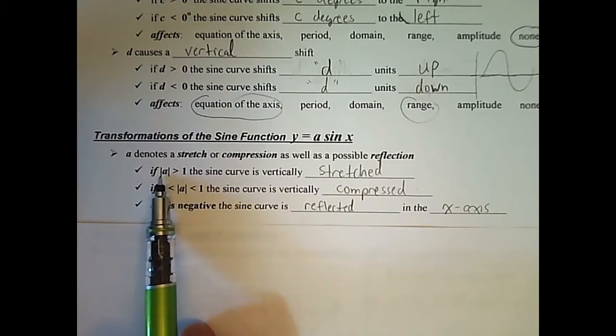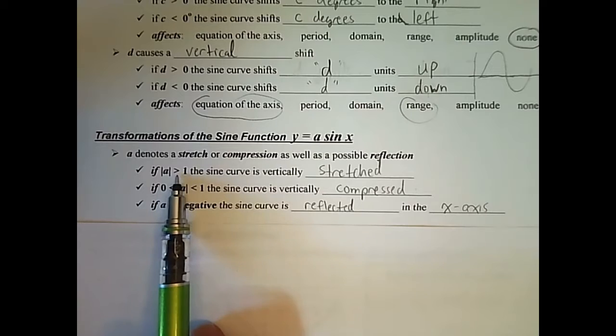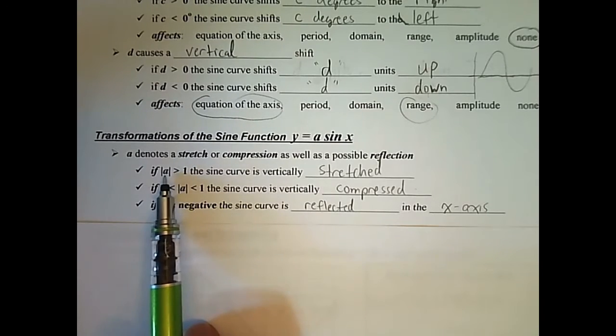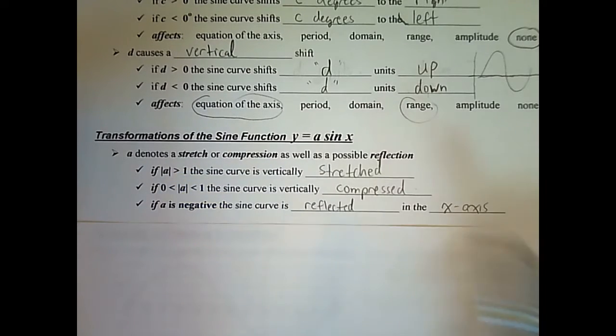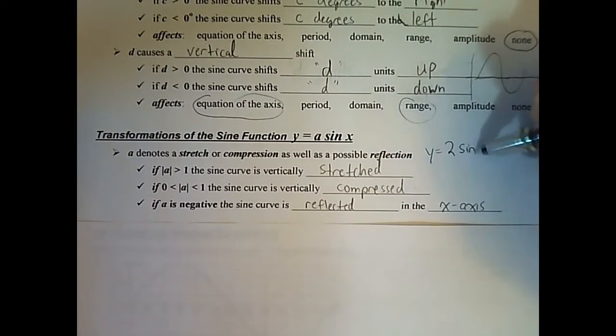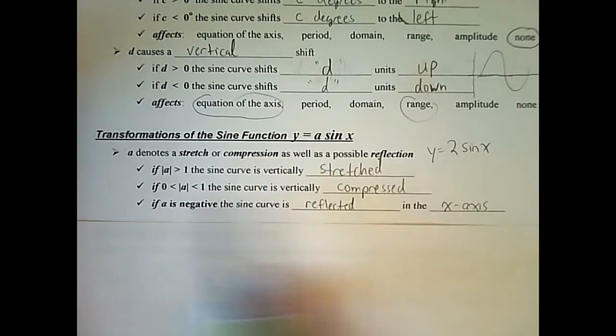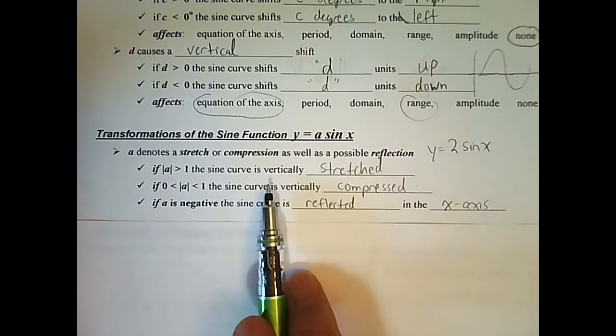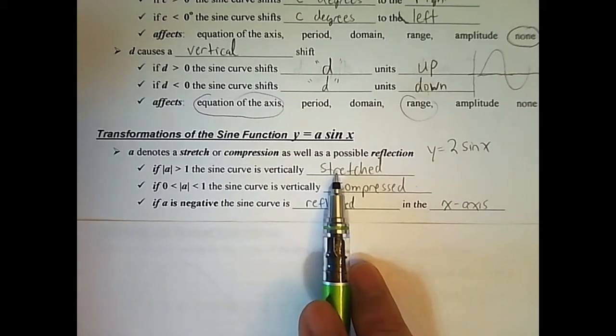We said if the absolute value of a is greater than 1, so like multiplying it by 2 or by 3 in the equation, like let's say y is equal to 2 sine x, a number greater than 1, then our curve is going to be vertically stretched.